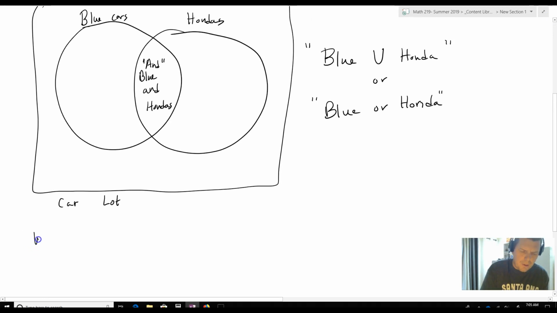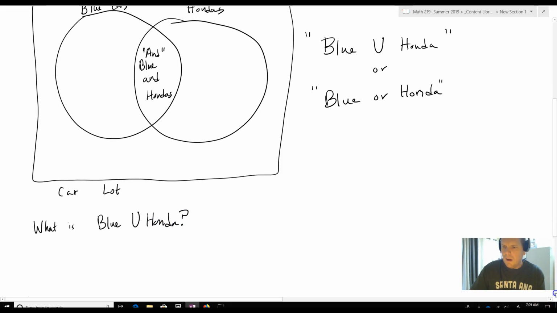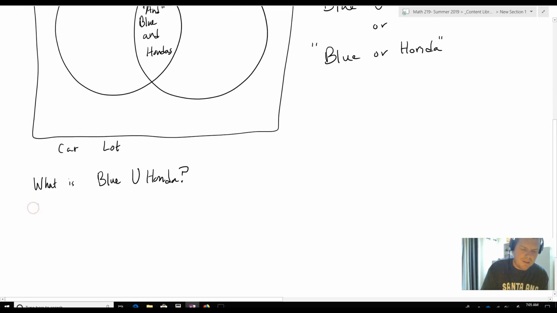So, what is in blue union Honda? On the one hand, we definitely have blue Hondas because those are the ones that are both, right? That's in the intersection, and the intersection's in the union. Absolutely. Blue Toyotas, they're in there because they're in the union. Blue Chevys, they're also in there.